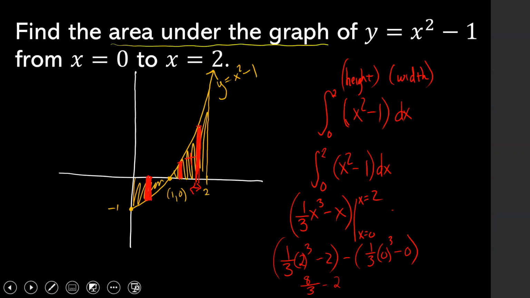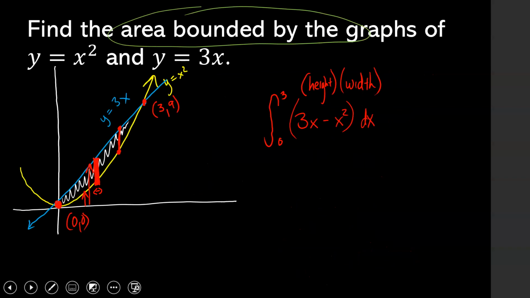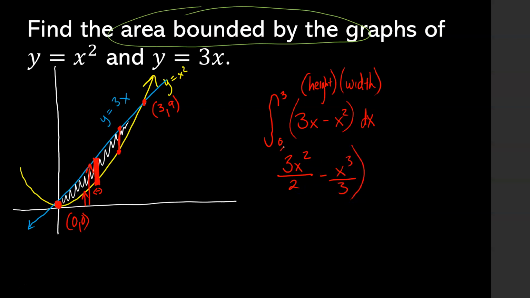Okay. Woo! The antiderivative of, what are we doing here? 3x is 3x squared divided by 2. The antiderivative of x squared is x cubed divided by 3.